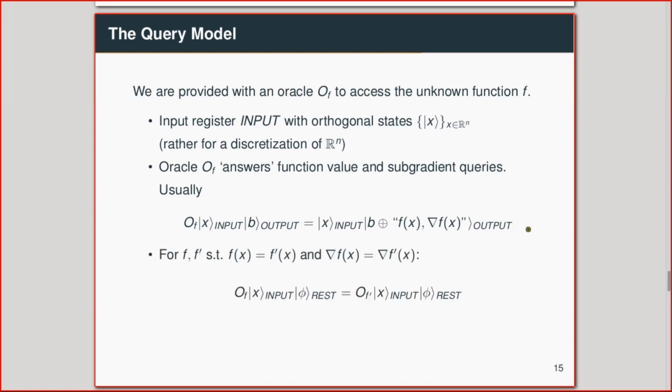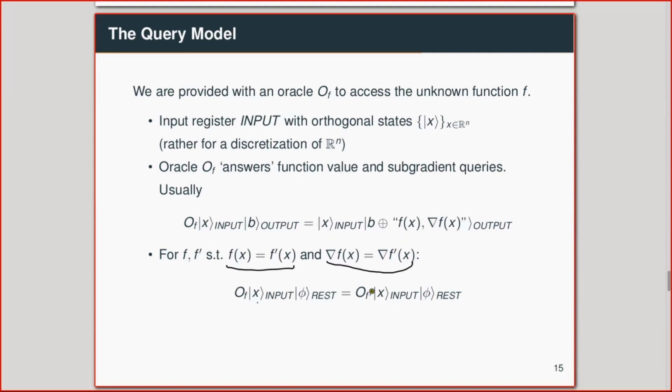Right, so ignore this line here. So what we're going to ask from the oracle is basically this thing: if x is the input that we're querying, and f and f prime are two different functions which behave exactly the same at x, so f of x is equal to f prime of x, and the subgradient returned by f at x is the same as the one returned by f prime at x, then we insist that the output should be the same whether we were querying f or whether we were querying f prime.